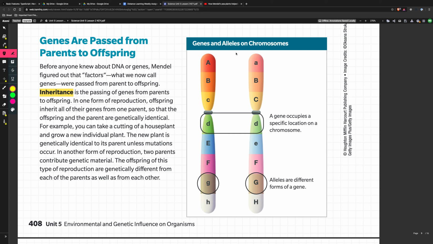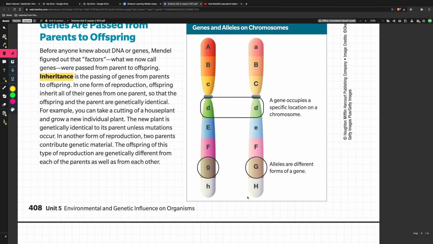Now this diagram right here talks more about the alleles and genes and chromosomes. So each one of these is a chromosome, right? So this is a pair of chromosomes. And now when parents have offspring, they pass on each set of a chromosome. So a lot of times you can see how there's multiple chromosomes that parents will pass on.